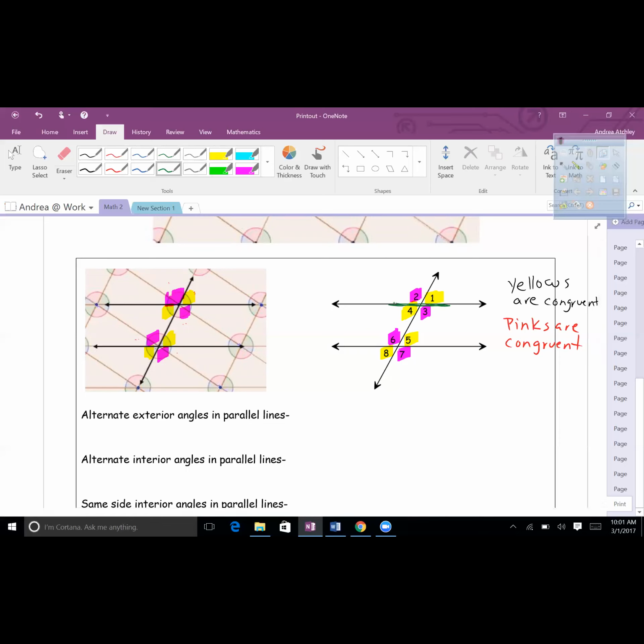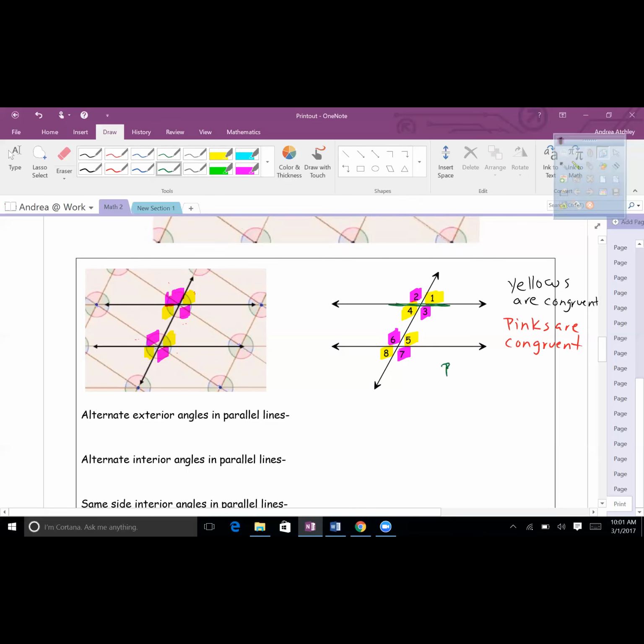And how do we know it's 180? Because it forms a straight angle. Those are a linear pair. 1 and 2 are a linear pair. They form a straight line. So that gives me they're supplementary to each other, or they equal 180.